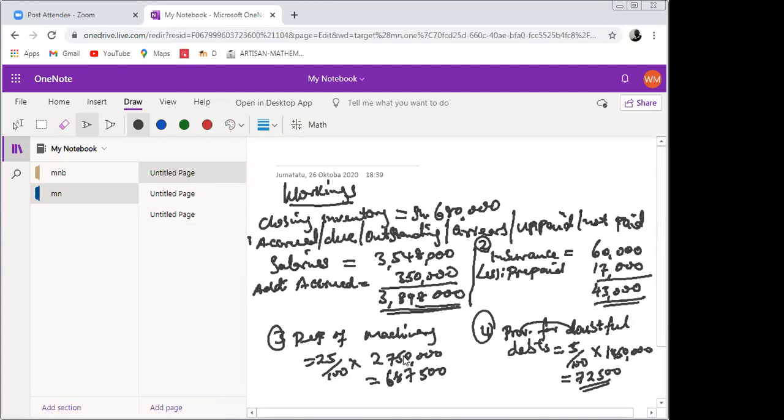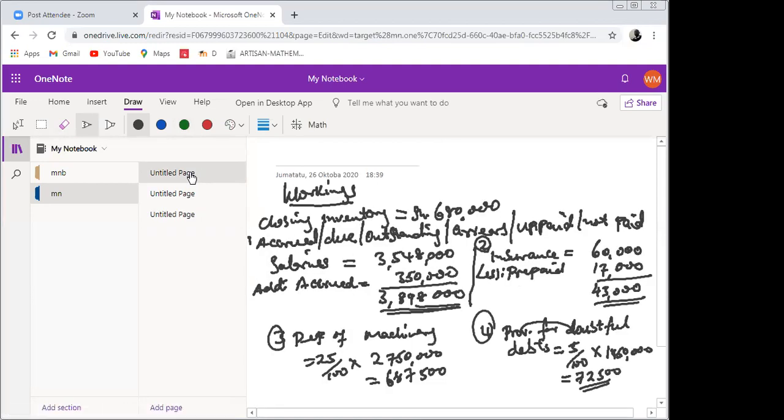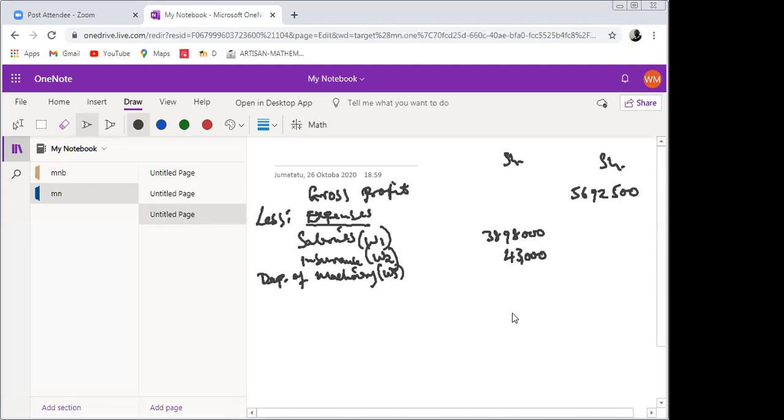Then we have depreciation of machinery. This is my working number 3. You will find it, and it is how much? 687,500.